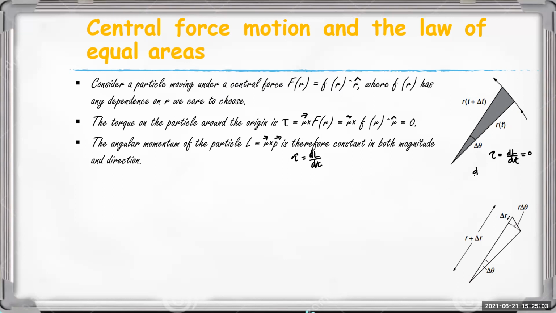If the time derivative of a quantity is equal to 0, then that quantity is not changing in time. That means it is a constant. So here dL by dt equal to 0 means L is constant, both in magnitude and direction.